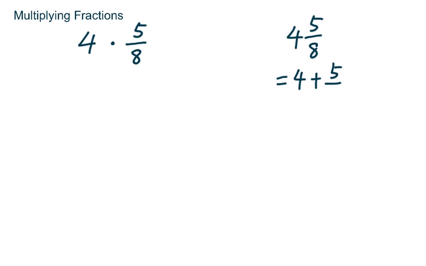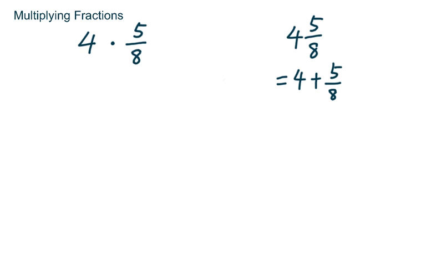The last problem is to show you multiplying a whole number and a fraction. So in the past, I realized some students would think this is 4 and 5/8, which is a mixed number, but you need to remember, if you write 4 and 5/8, it actually means 4 plus 5/8.